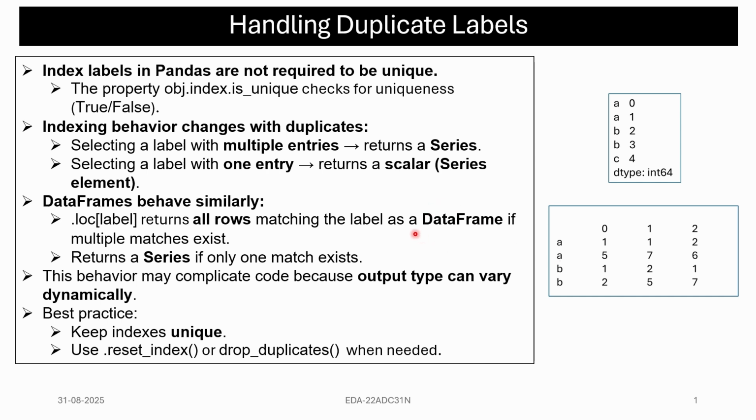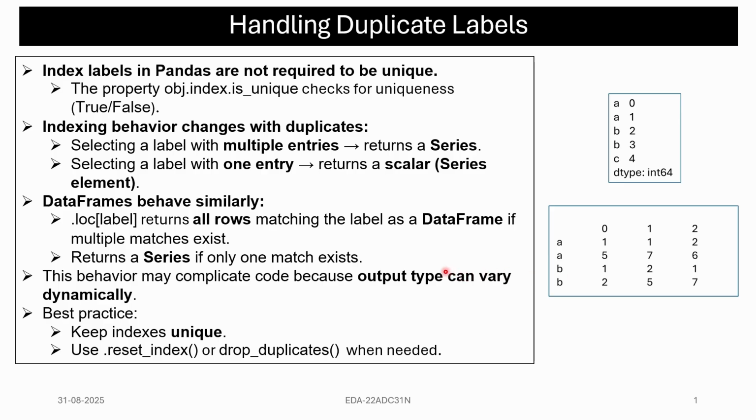So basically the return type for a series or a data frame varies based on whether it has a duplicate label or not. If a duplicate label is there for a series, it is going to return another series object. Whereas if there are no duplicates, the series returns a scalar value. Similarly, if there are duplicates for a data frame, accessing that label is going to return a data frame.